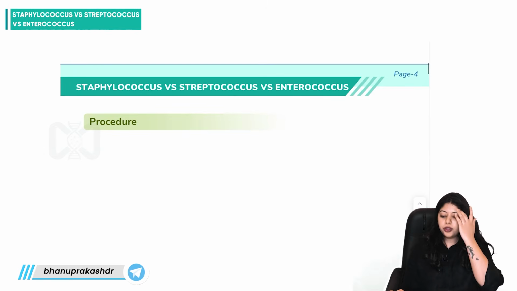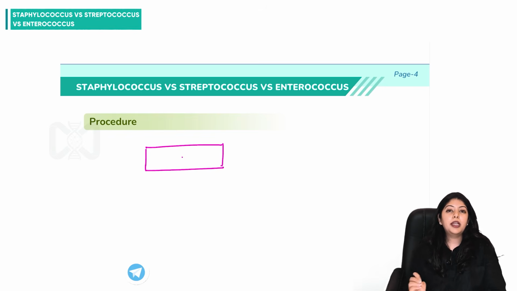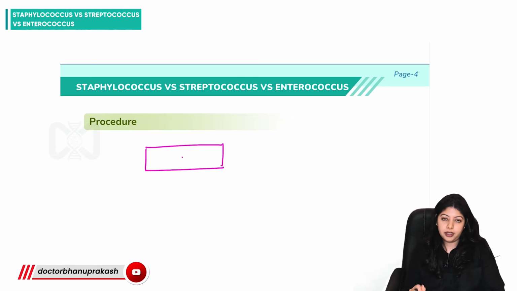Now how are we going to perform this particular test? We will pick up a small colony, touch the center of a colony with the help of a wooden applicator stick, and place that colony onto a clean glass slide.